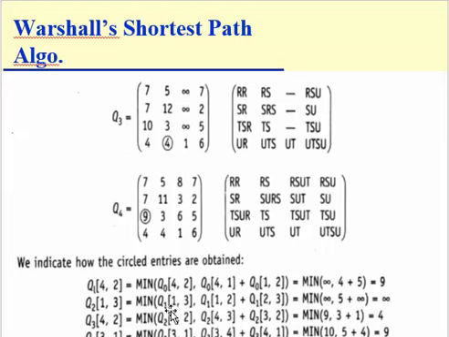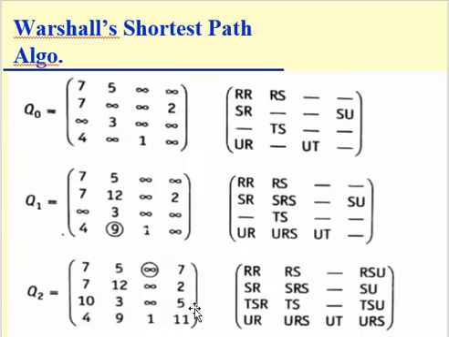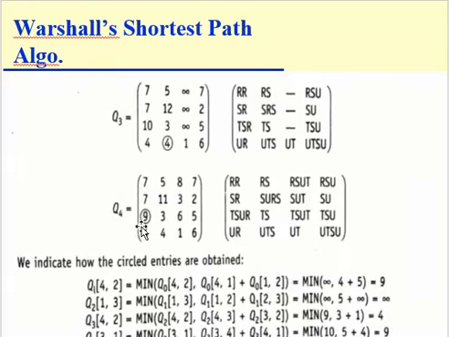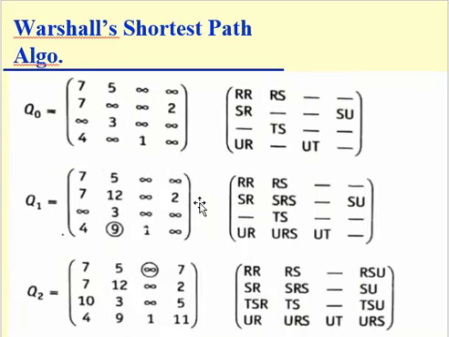So here K minus 1, Q1 13, or it would be Q1 1 to 2, then you are going 2 to 3, meaning I to K, K to J. 1 to 2 plus 2 to 3. Now Q1 13. What is Q1 13? This is 1, this is 3, this is your infinity. So you will write down infinity. Then you need to take these entries 1, 2 and 2, 3.